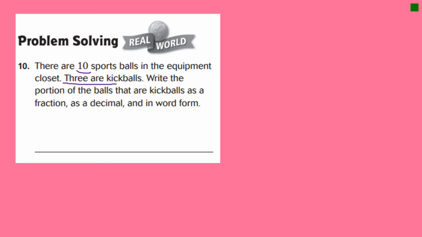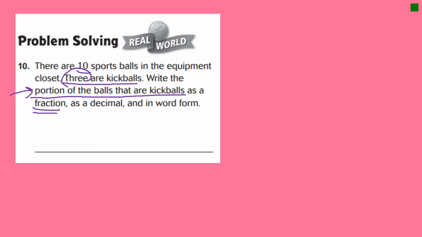So 3 of the 10 are kickballs. Okay? Write the portion of the balls that are kickballs. They mean portion, they mean the part of the balls that are kickballs, or that set of balls that are kickballs, okay? So 3 out of the 10 are kickballs.